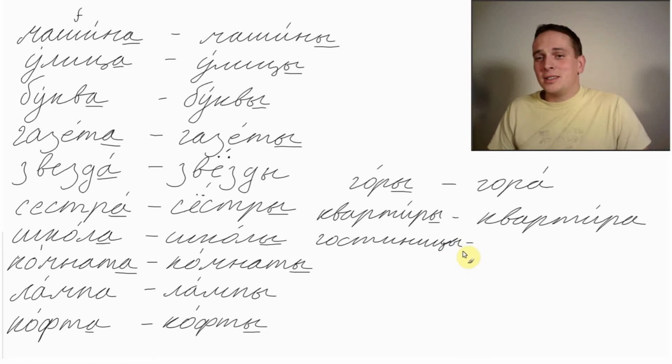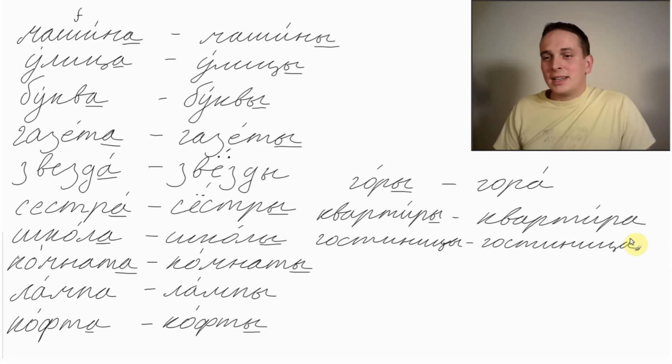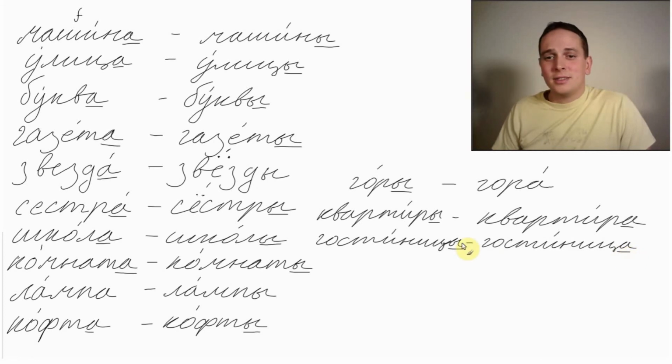What would be the singular? Гостиница. Гостиница, гостиницы, with the emphasis on e. So the only thing which is changing is the ending from a to y. Гостиница, гостиницы.